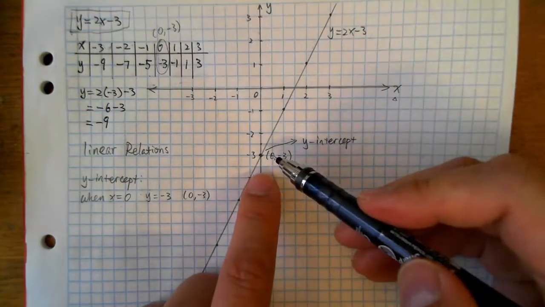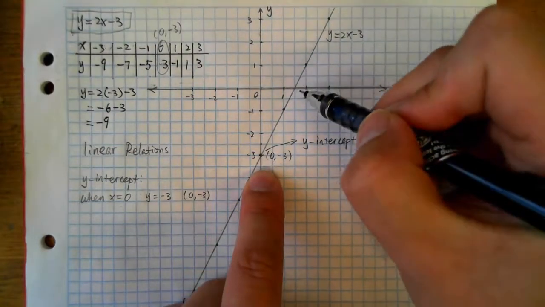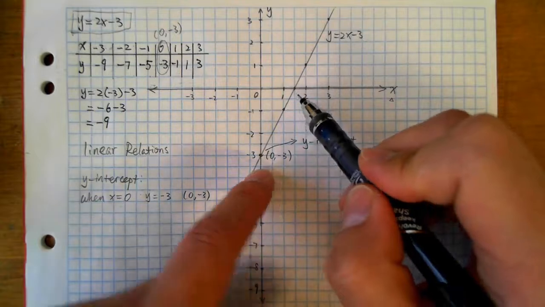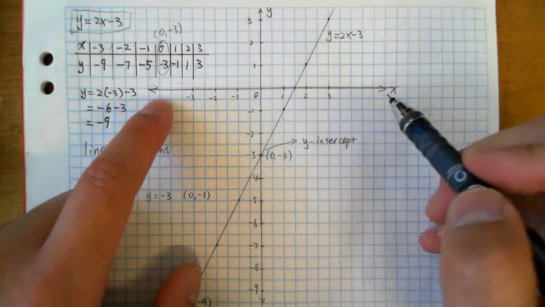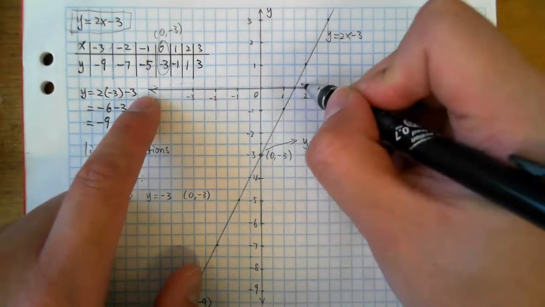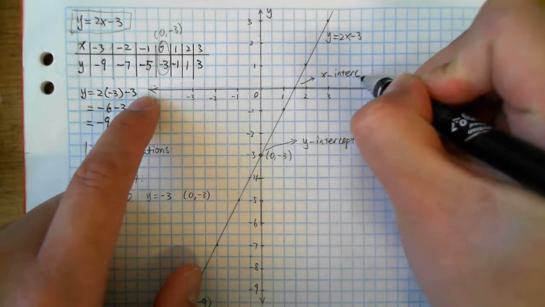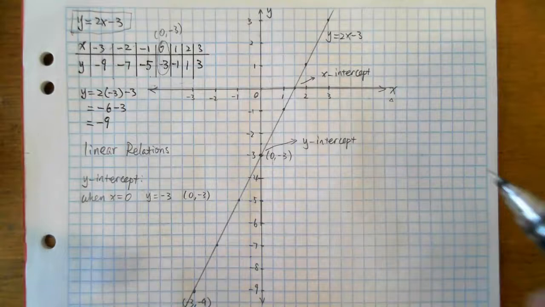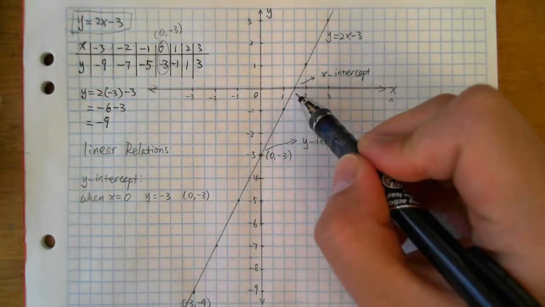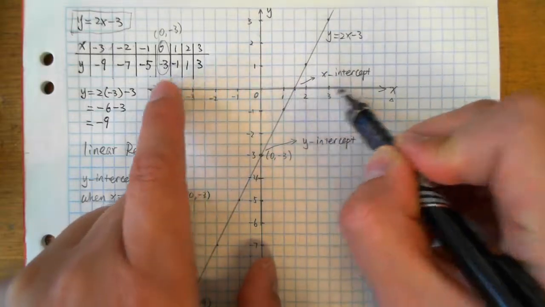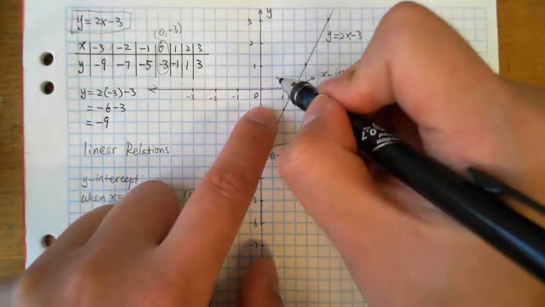And also, you can see here, this point intersects the x-axis. So we call this point the x-intercept. Because this point is on the x-axis, we have to state the x first.